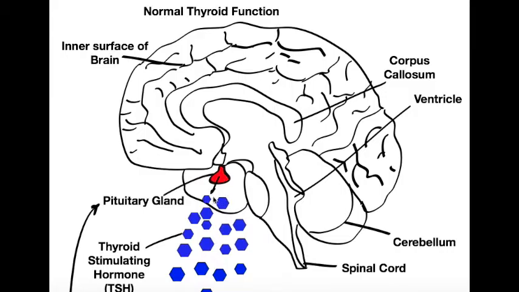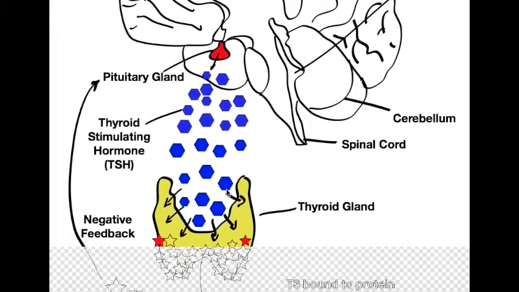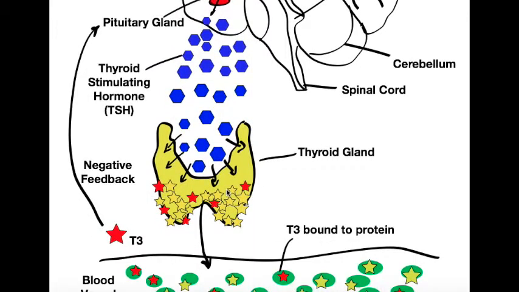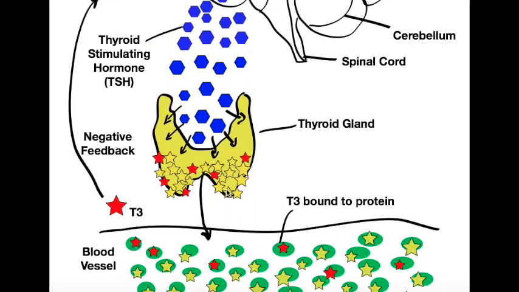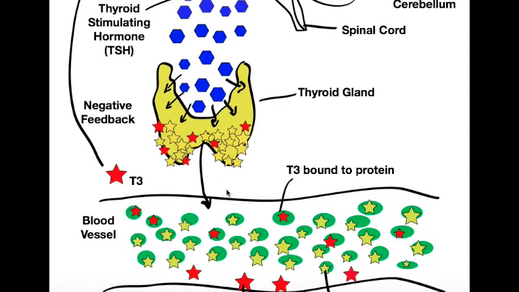So here we have the pituitary gland. Underneath it we have the thyroid stimulating hormone portrayed here in blue, and as we move down you can see how the thyroid stimulating hormone is affecting the thyroid gland. Now underneath we have these red stars and yellow stars.